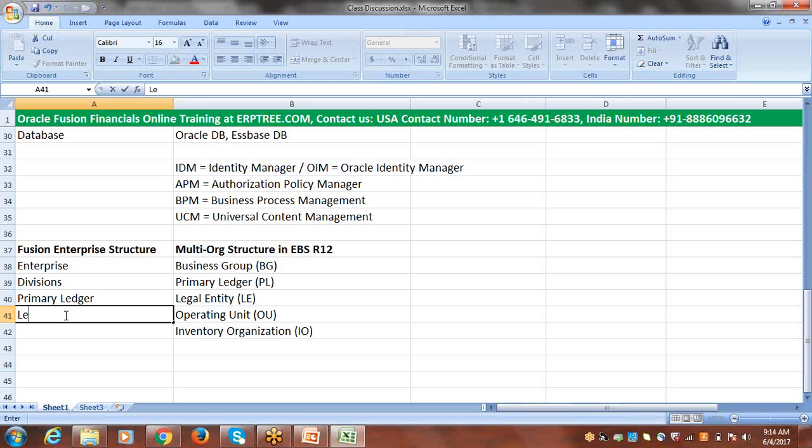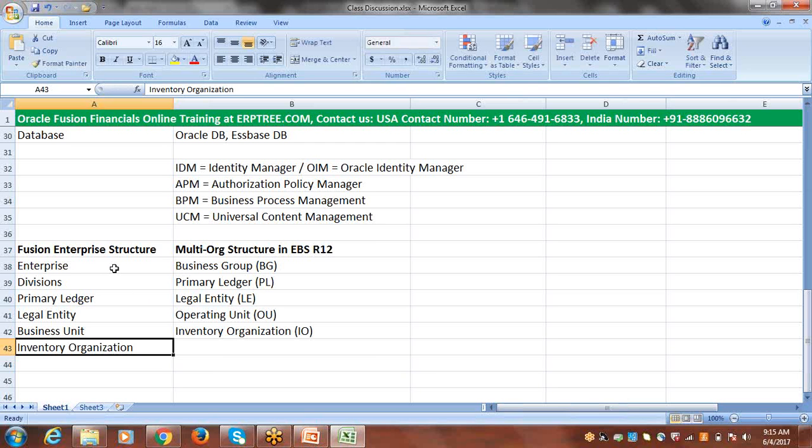Under primary ledger, legal entity, under legal entities business units, under business units inventory organization. So this is the Fusion enterprise structure.